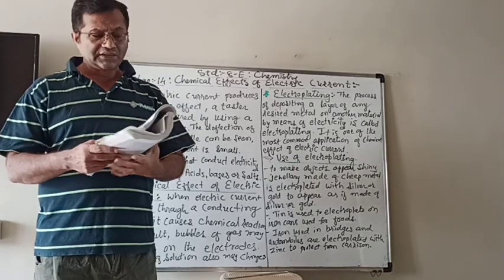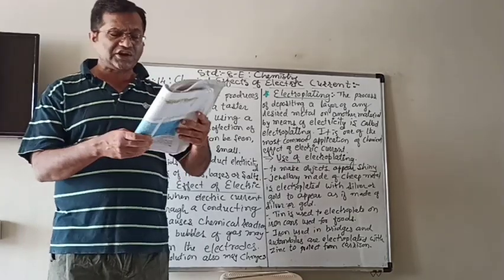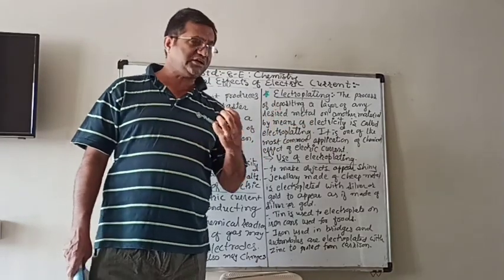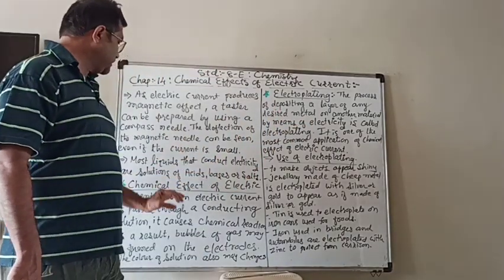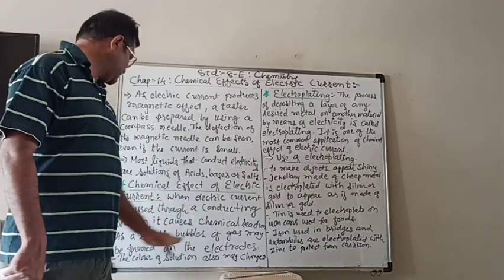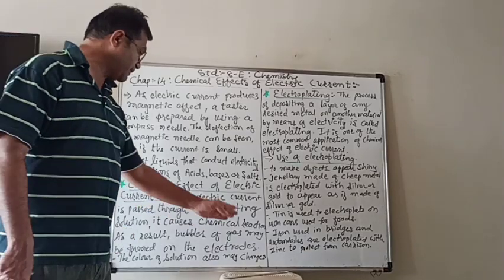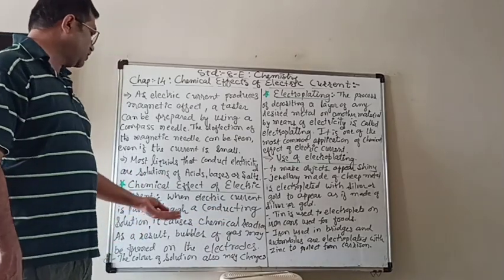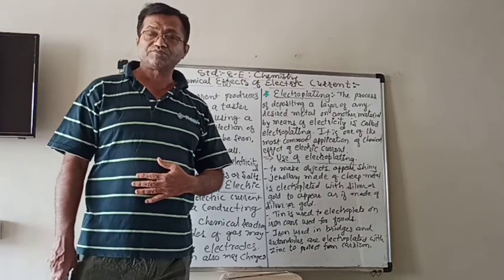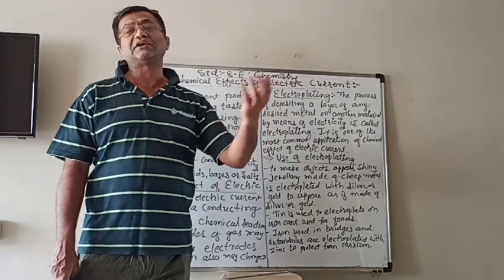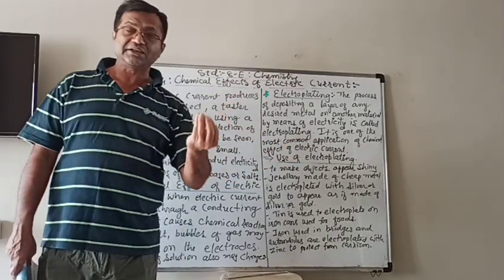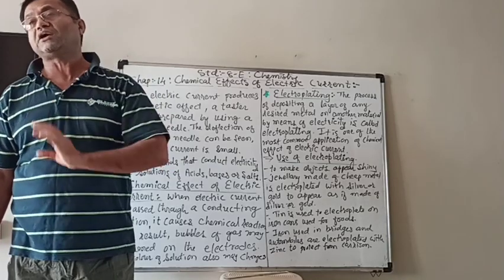According to that, there can be changes in the reaction. That is called the chemical effect of electric current. As a result, bubbles of gas may form on the electrodes, the color of the solution may change, or a layer of metal can be deposited on another material.